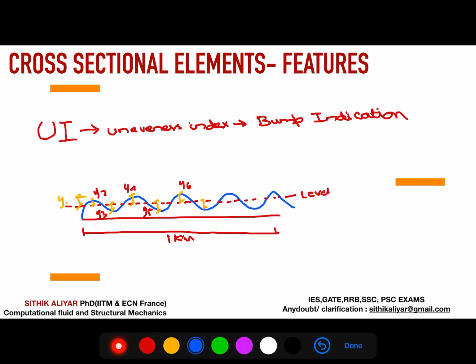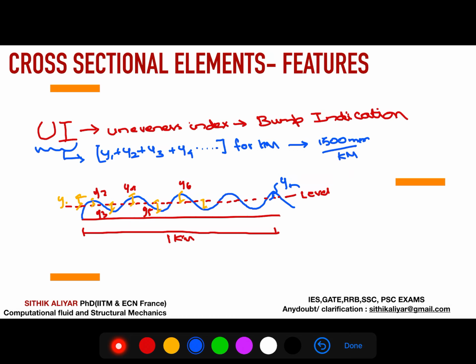So what the unevenness index states is: add everything from y1 to y6, or up to yn. It is a cumulative sum, don't subtract, add all the unevenness for 1 kilometer.